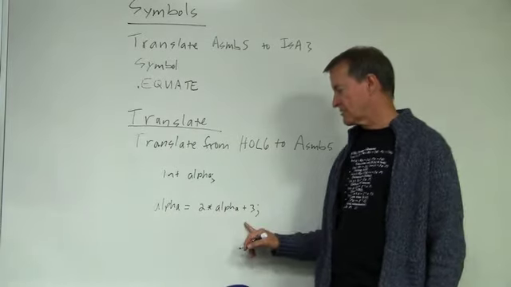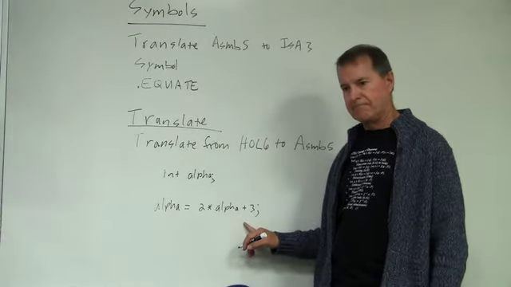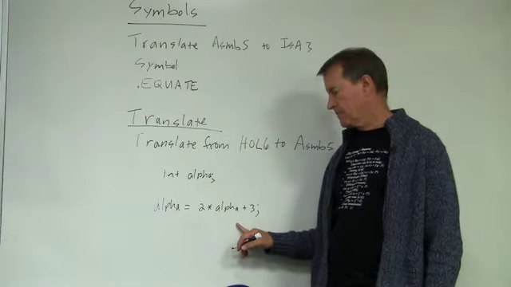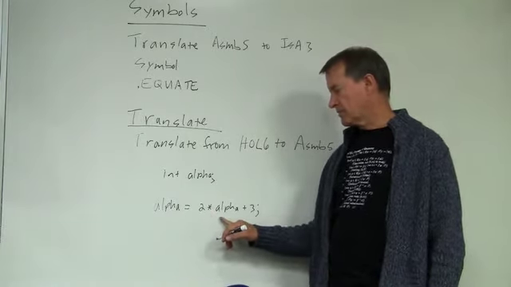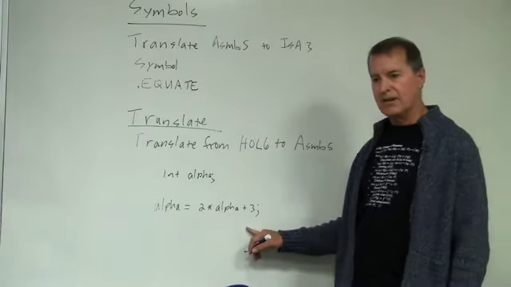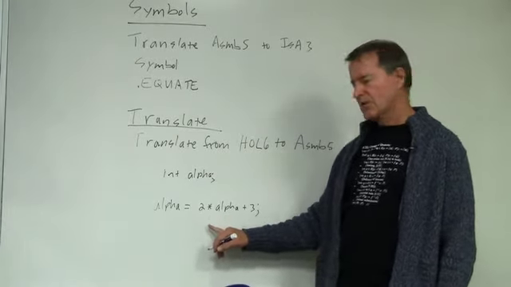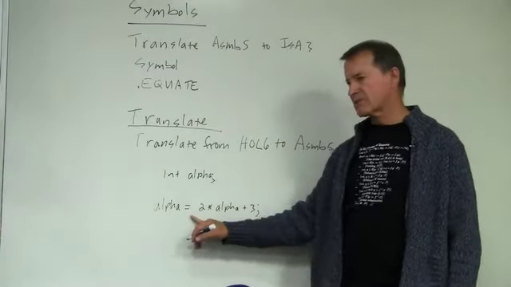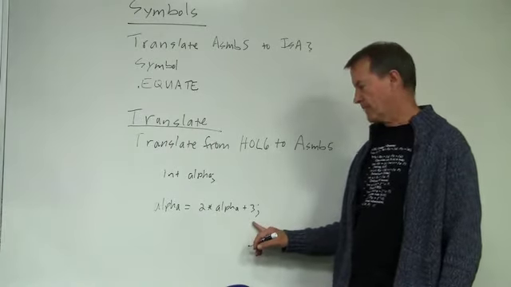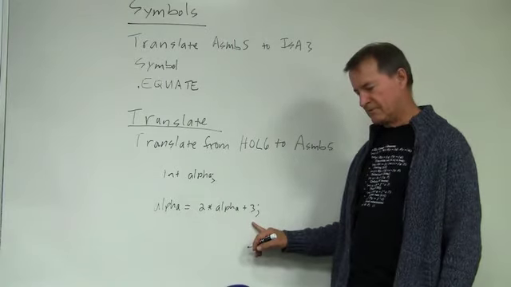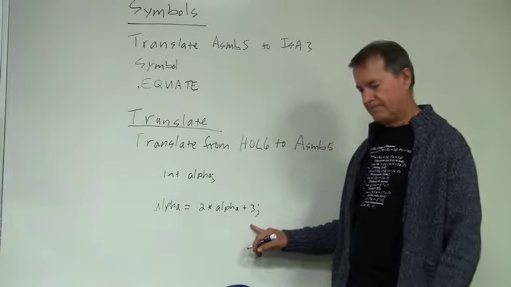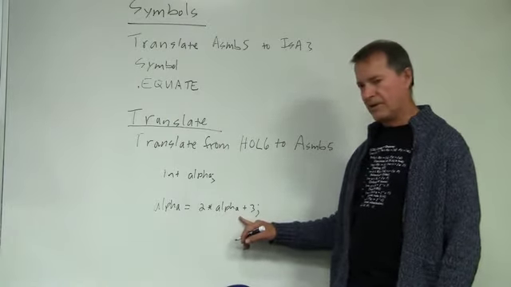Now, how would you do this assignment statement, alpha gets 2 times alpha plus 3? Arithmetic shift left is what doubles. So what would be the sequence of assembly language statements? It's not the first one. You have to get this into the accumulator.